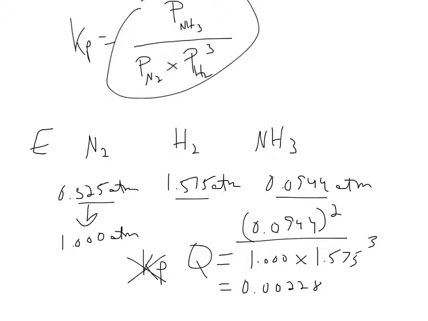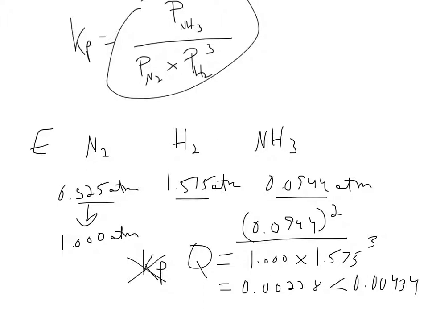0.00228. Okay, so what we talked about before, right now Q does not equal the constant, right? The constant is 4.34 times 10 to the negative third, and the Q value is less than the constant, because the constant, if I take that out of scientific notation, is larger.